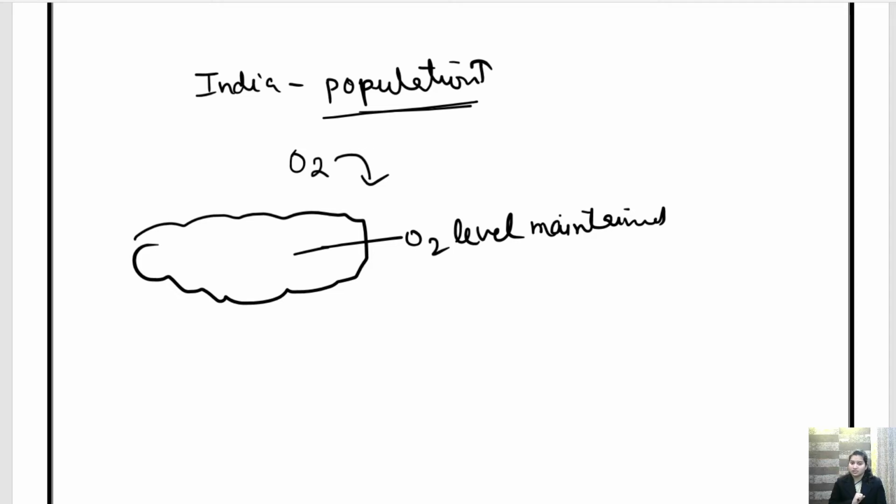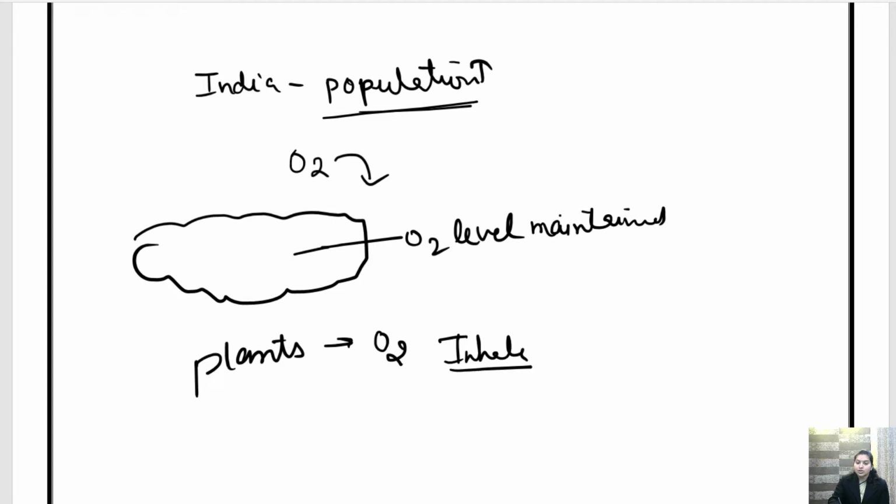How is that? If humans and animals are inhaling oxygen, then there is something which is giving oxygen to us, and that is plants. So plants give us oxygen, that we know. Plants give us oxygen and we inhale it.